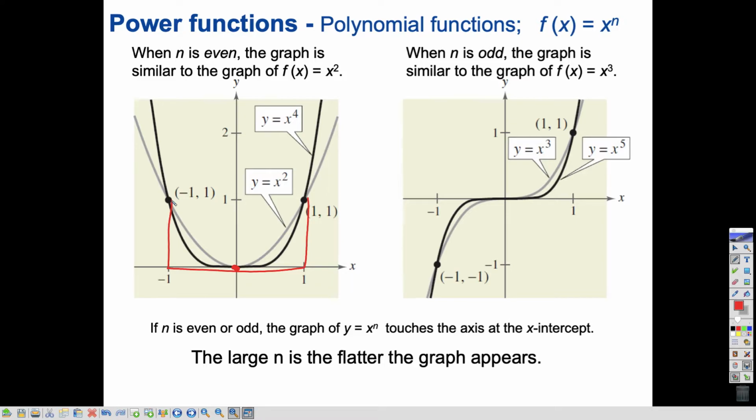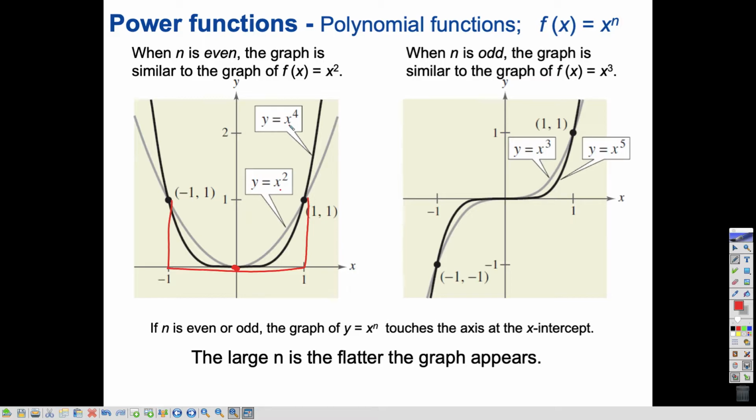All even functions start and end in the same place. All even parent functions, that means just x squared, just x to the fourth, just x to the 20th, nothing behind it, look like a parabola. Everyone clear on that?